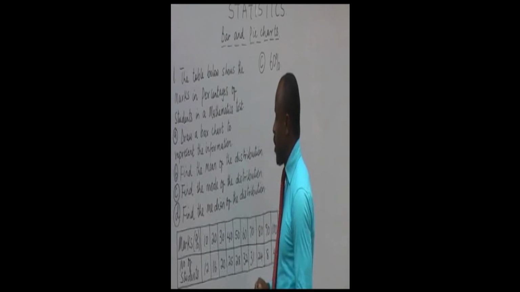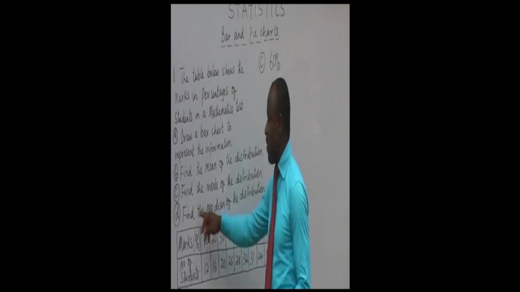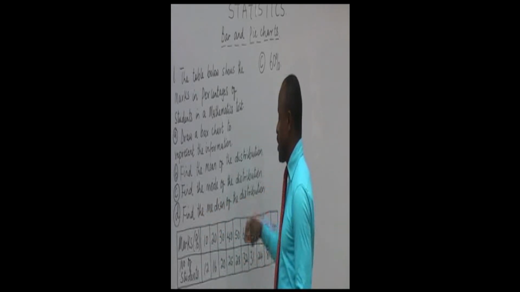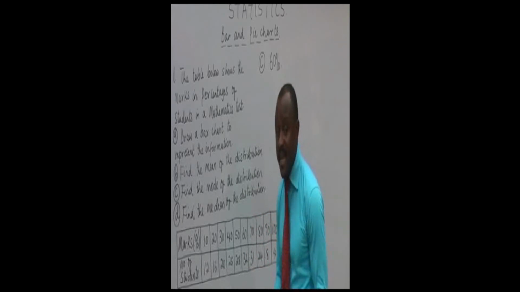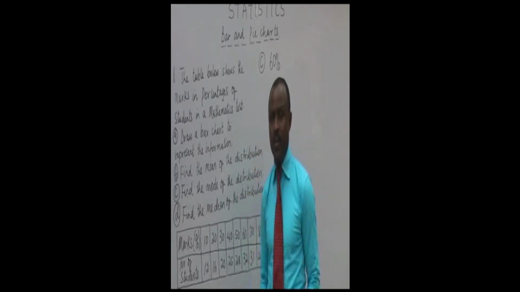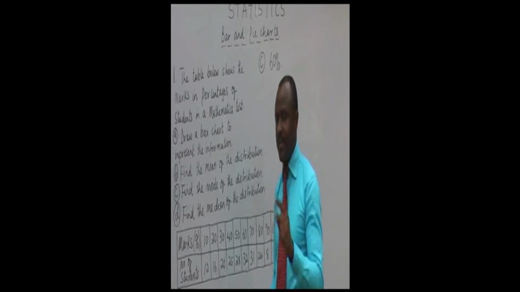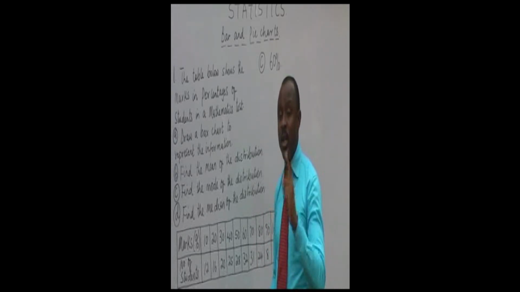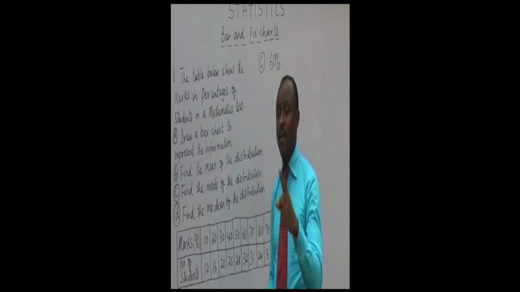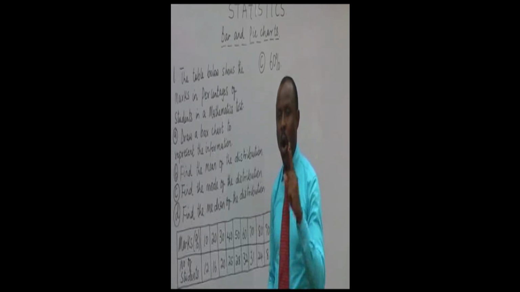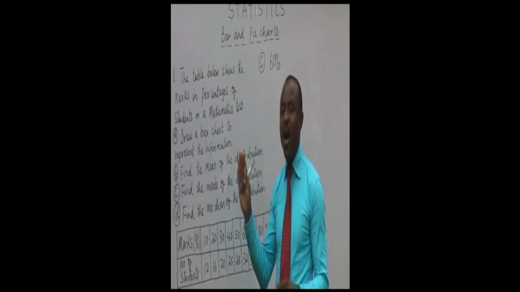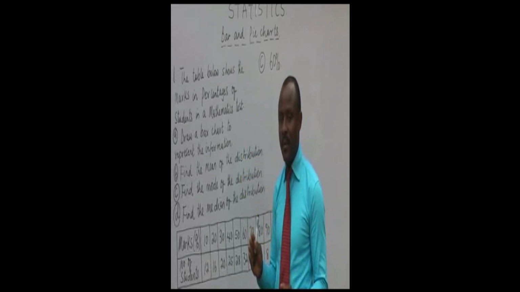Let's do question number D. Question number D said we should find the median of the distribution. Median is the mark at the middle. Whenever a question in statistics is asking for the median, please arrange the marks or the distribution either in ascending or in descending order.